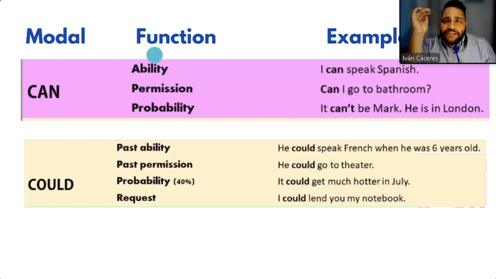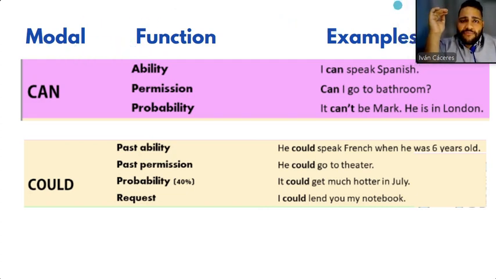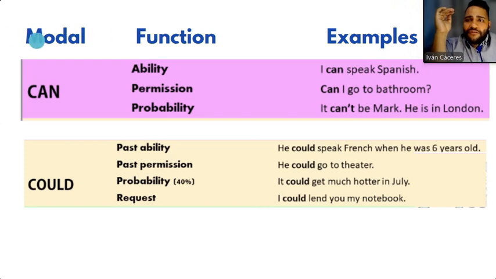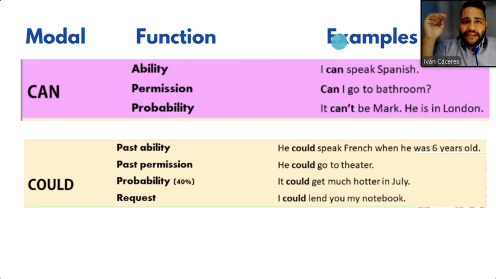And in this box, you can see that you have the modal verb, you have the function that it has, and then you have some examples. And when I say examples, it is because you can have some different sentences in which you will see how to use this specific modal verb. Okay. So for the modals, we have here, for example, can, which is the first one.